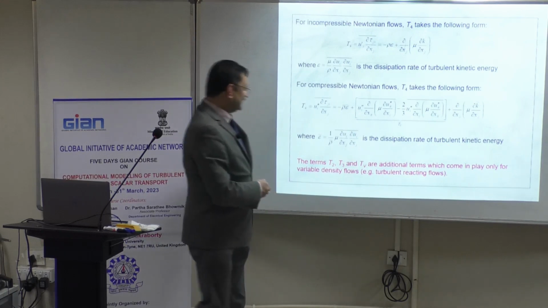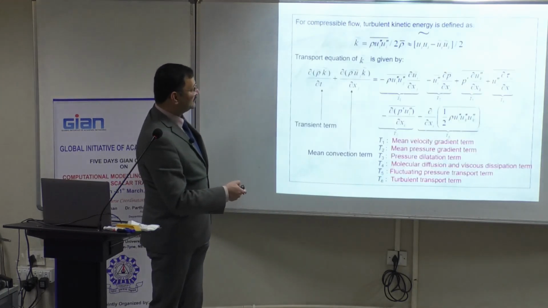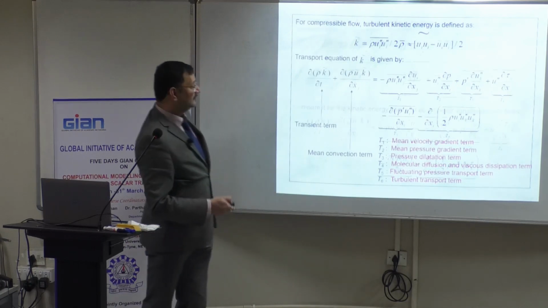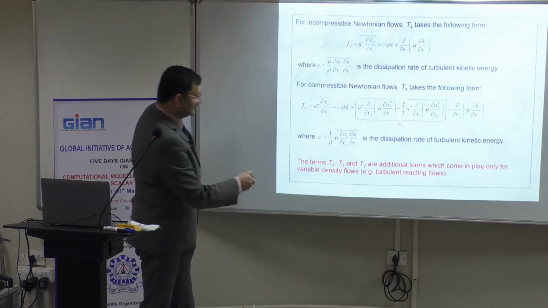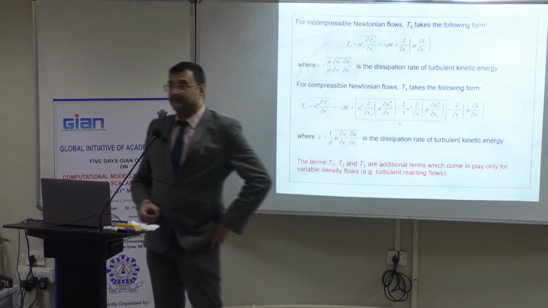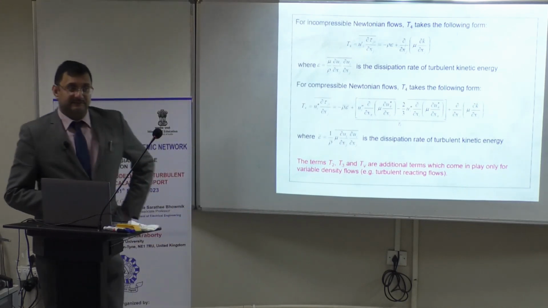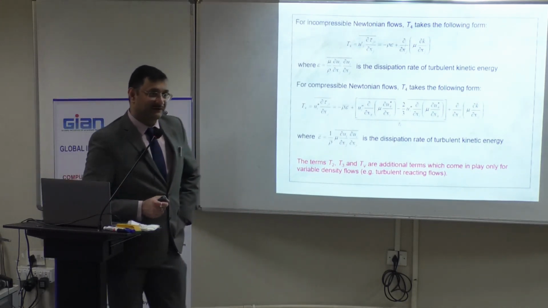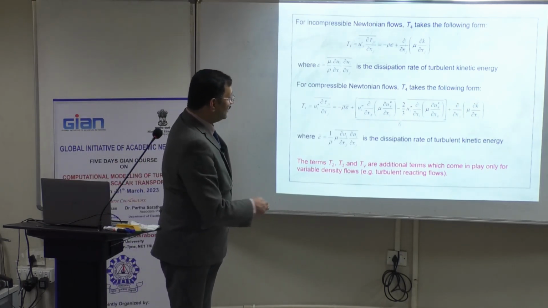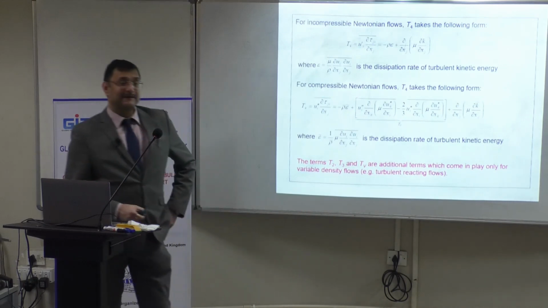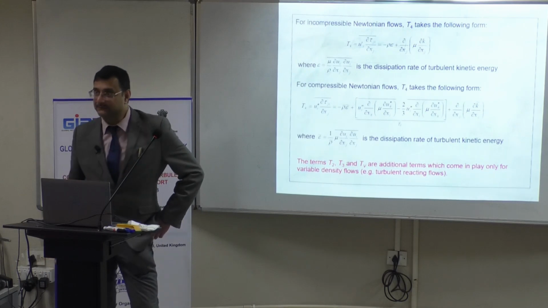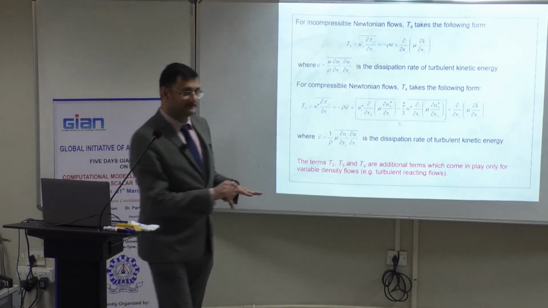So essentially, T2, which is the mean pressure gradient term, once again the pressure dilatation term T3, and T5, which is basically a viscous contribution coming because of the divergence of the fluctuating velocity, all of those terms will play a role in variable density flows, so compressible flows or turbulent reactive flows as well. Clear? The implication?